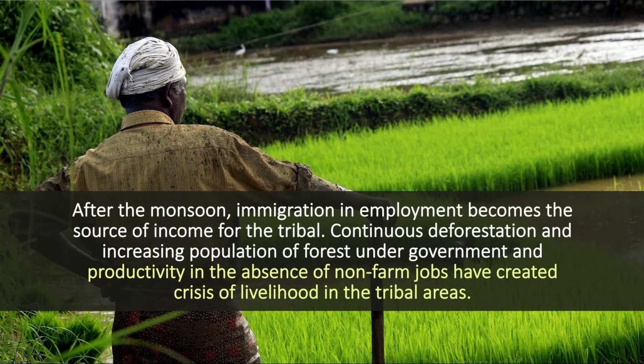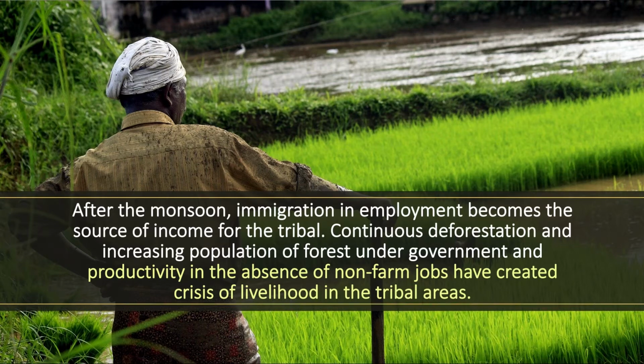After the monsoon, migration for employment becomes the source of income for the tribals. Continuous deforestation and increasing population pressure on forest under government control, and low productivity in the absence of non-farm jobs, have created a crisis of livelihood in the tribal areas.